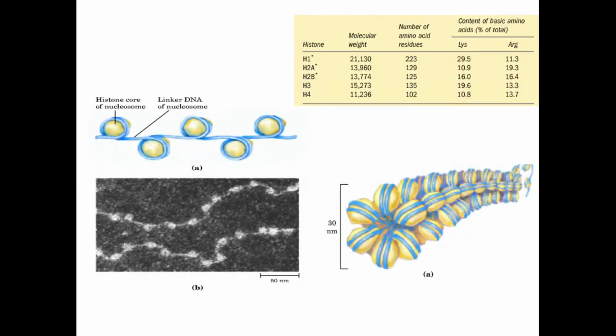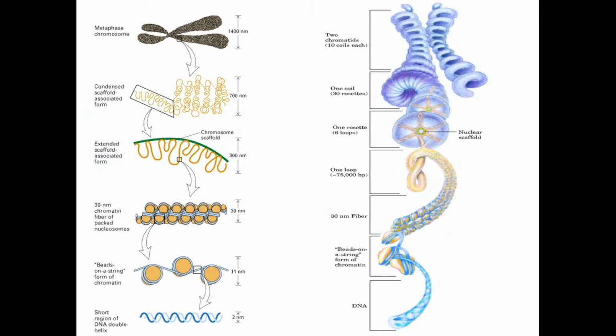Histones, their coiling and linking path depend on the F1 histone. You can see the molecular weight, the number of amino acids, and the number of positively charged lysine and arginine residues. This leads to the next level of packing, the so-called chromatin strand: double-strand DNA, nucleosomes, chromatin structure.